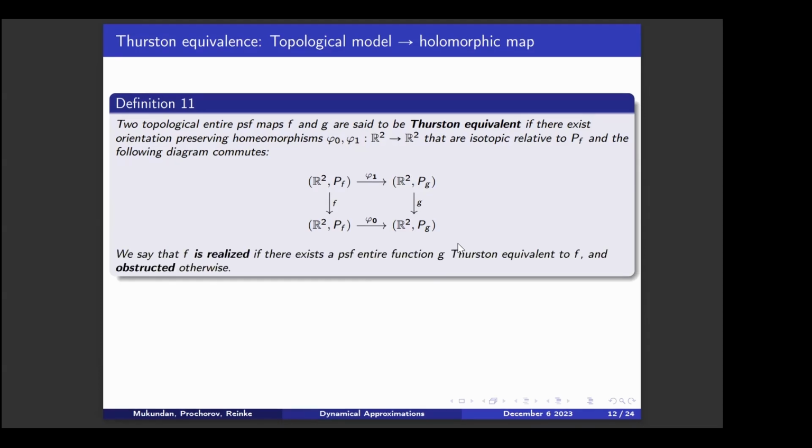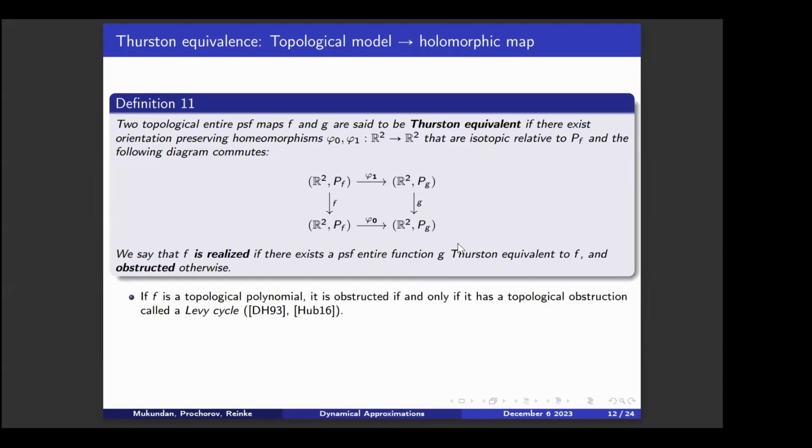Additionally, we say that F is realized if there exists an actual holomorphic entire function that is Thurston equivalent, and we say that F is obstructed if it is not realized. Generally, figuring out whether an entire Thurston map is obstructed or not is a pretty difficult problem.